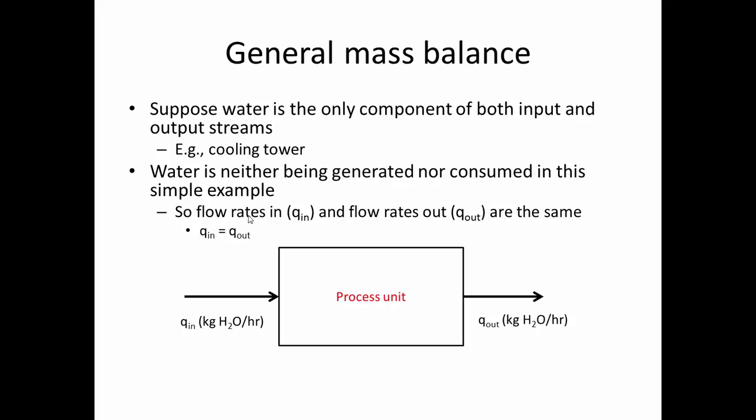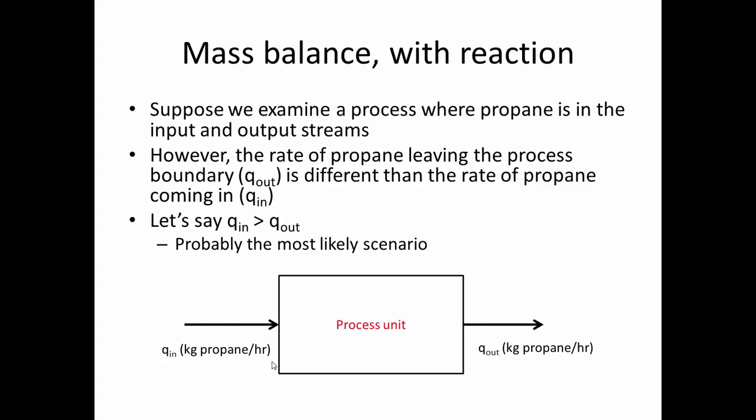But the flow rates, designated Q in, and the flow rates out, designated Q out, would be the same. So Q in would equal Q out. A very simple mass balance. And we saw in some of the exercises we went over in class that certain components are as simple as Q in equals Q out.